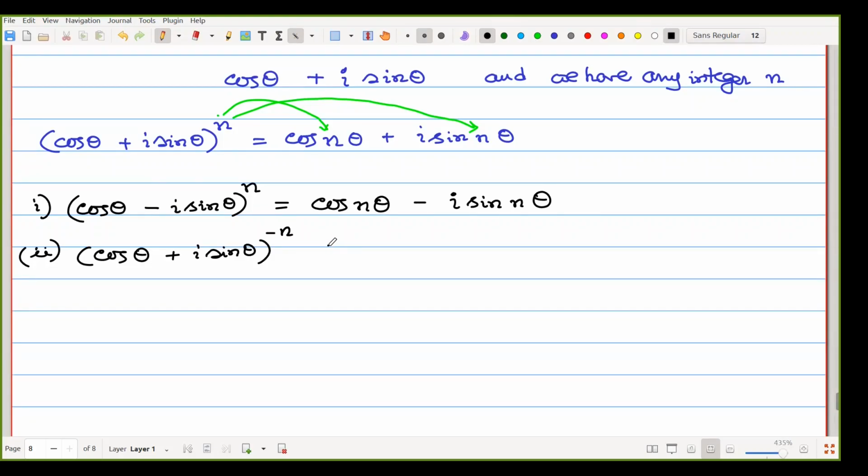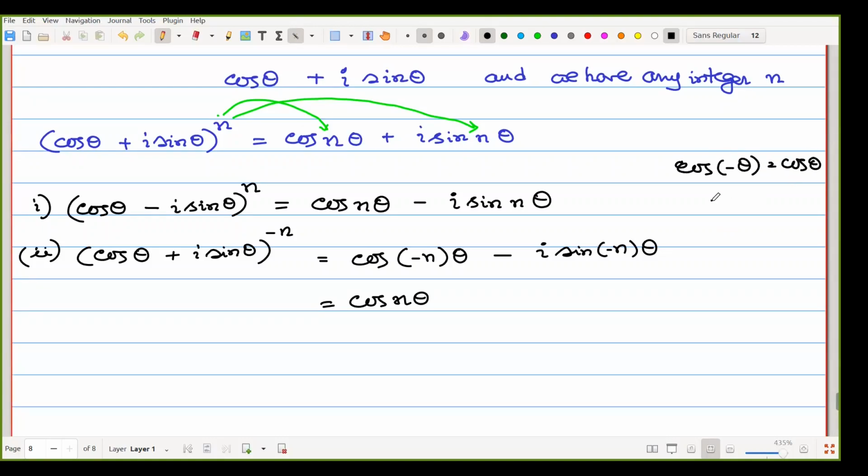Then what can we write? Whatever the power is here, we are multiplying it with the angle. So here we are writing cos of minus n theta plus i sin of minus n theta. Now look, cos of minus n theta is the same as cos n theta. Cos of minus theta is equal to cos theta, but sine of minus theta is always equal to minus sine theta. So that is also the same here. So it becomes cos n theta minus i sin n theta.